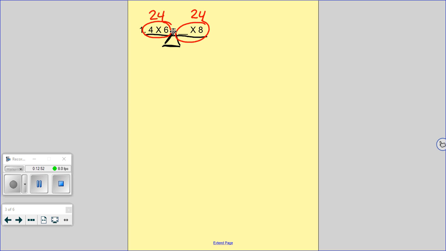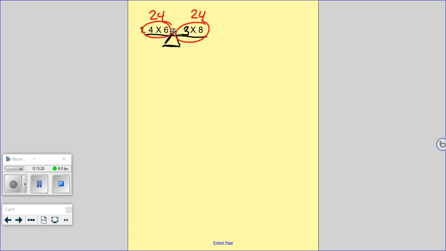So if my balance is level, what is 3 groups of 8 equal to? Lily Marie? 4 groups of 6. Yes. 3 groups of 8 is going to be equal to or worth the same as 4 groups of 6.